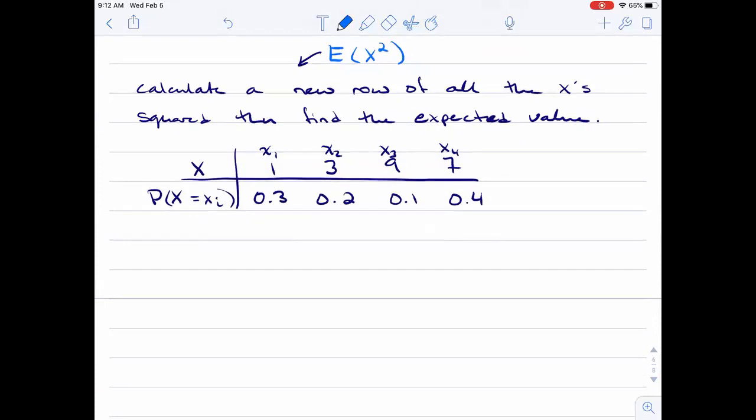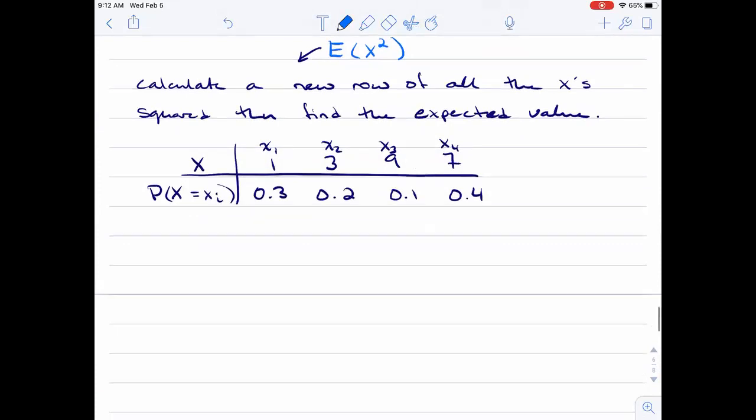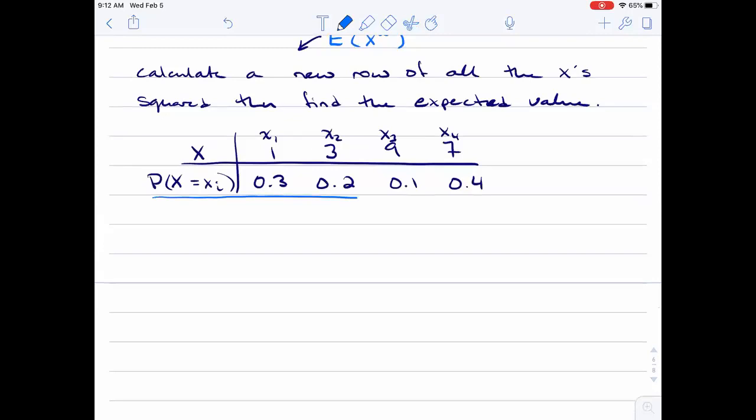I could make room below the x's, but I'll just make another row of the x's squared. 1 squared is 1. 3 squared is 9. 9 squared is 81. And 7 squared is 49.